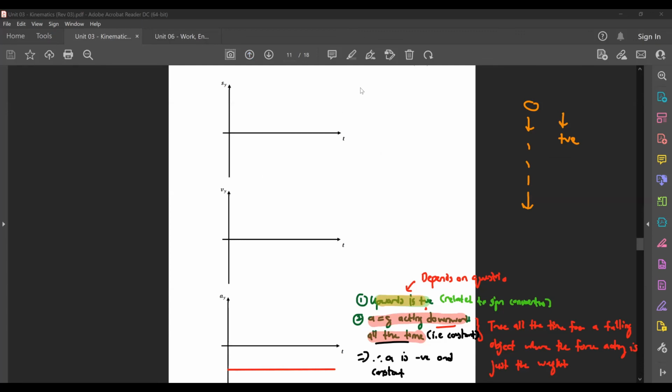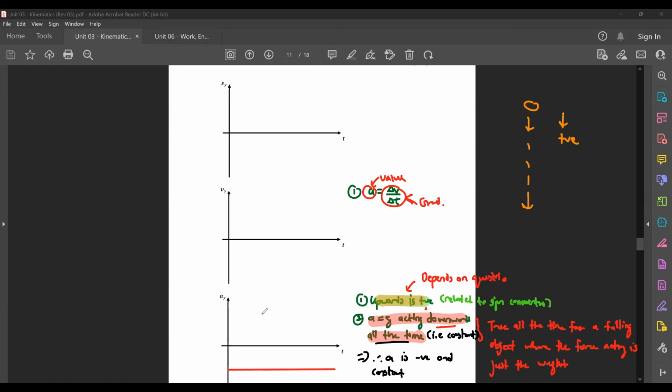You have to make use of what you learned before: acceleration is the rate of change of velocity, where the value of acceleration is equal to the gradient of your velocity-time graph.